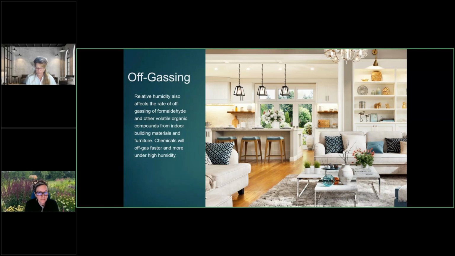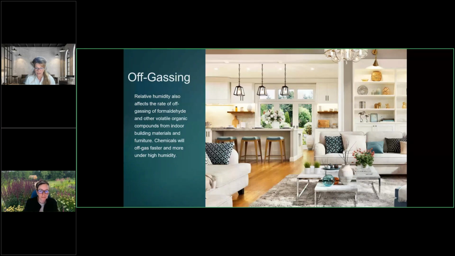So if you've ever heard of Chinese drywall that was happening down in Florida, there was a large amount of off-gassing happening to this Chinese drywall, which was causing formicary corrosion on the HVAC systems. And that Chinese drywall actually made it farther north, but they can't find it.